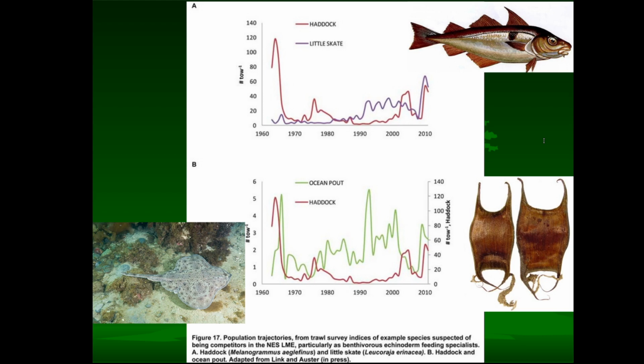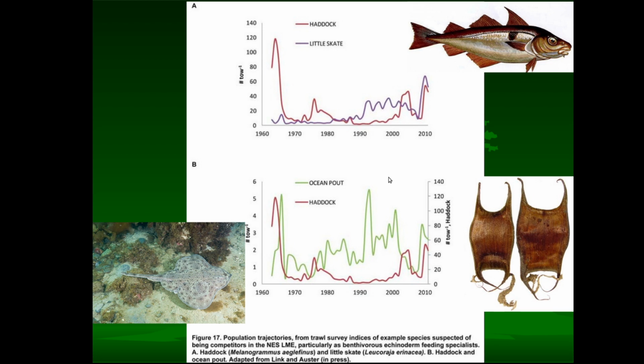Here's another example of trawl fishing results, number of fish caught or sampled in a trawl net. Again, not the absolute numbers, just the relative numbers. And just by looking at relative numbers, you can see patterns. Okay, so we've got haddock here. These numbers in the red obviously are fluctuating from one year to the next for whatever reason.